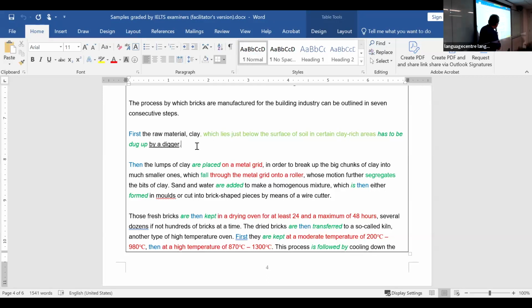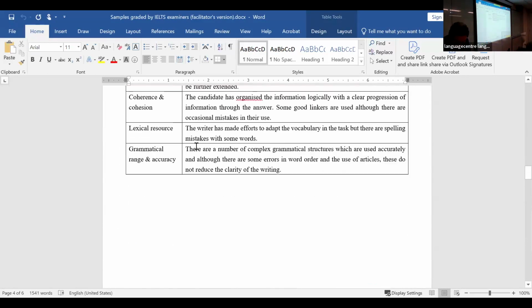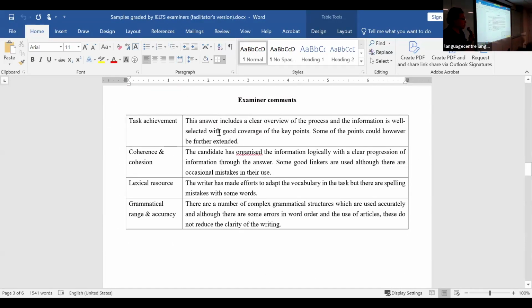But may I draw your attention to the words in red here? These are actually descriptive language that we use to point out the details concerning a process. If you read the examiner comments for sample B, descriptive language can help you elaborate on each stage in the process in a more precise manner.